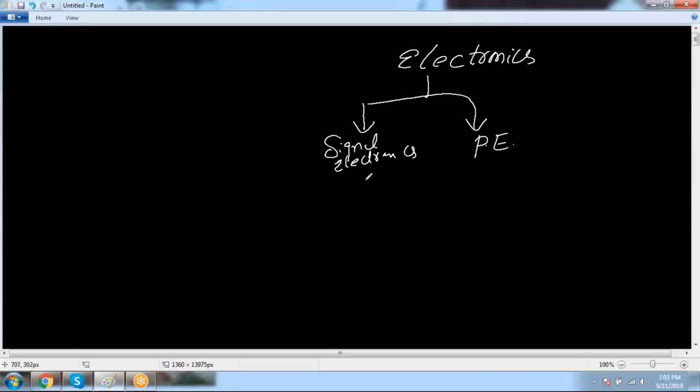What is signal electronics? You have already studied it in your analog circuits, that is, the devices which will be operated at signal power. Is signal power low power or high power? It is low power.